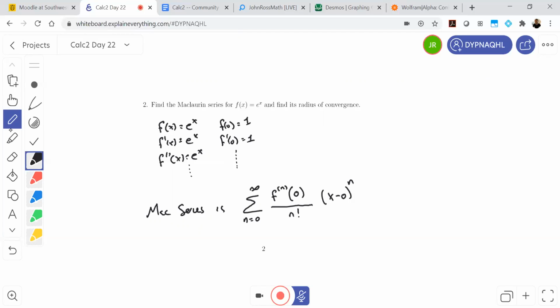That formula would be true for any Maclaurin series. In the specific case of e to the x, this becomes the same infinite sum. The nth derivative at 0 is always 1, so this always becomes 1 over n factorial times x to the n, as n goes from 0 to infinity. So this is our Maclaurin series for e to the x.